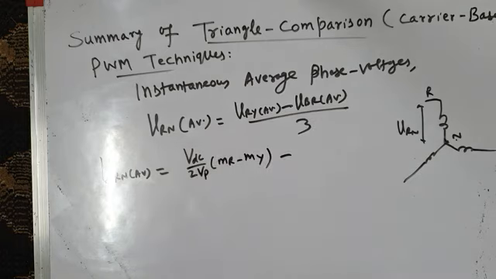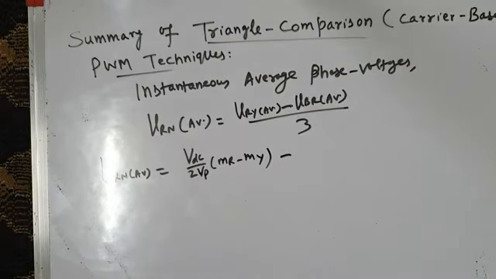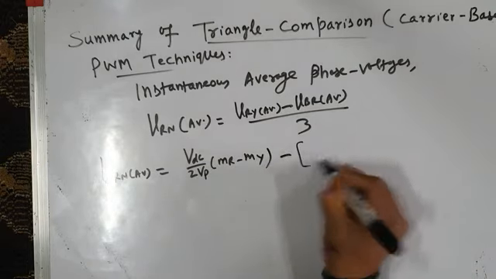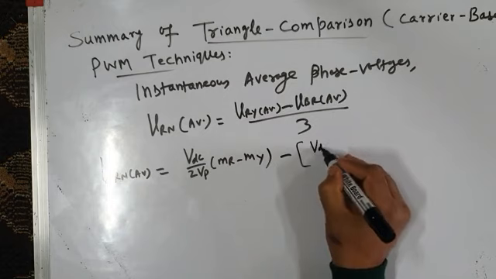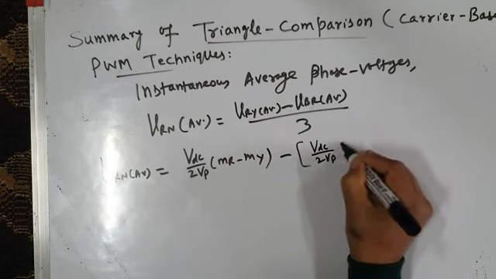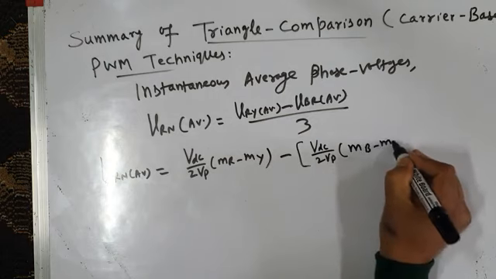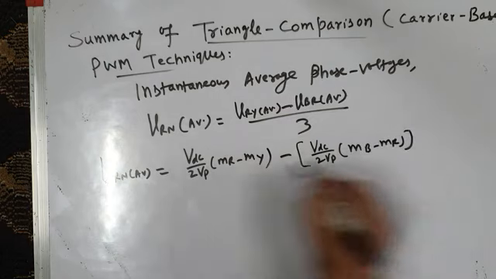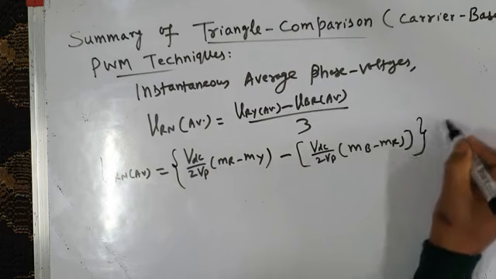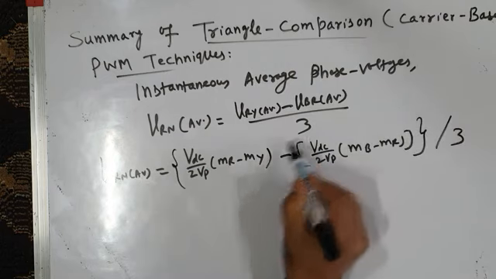Minus, what is VBR? It is also a line voltage, and it was proved that it is equal to Vdc by 2Vp into (Mb minus Mr). This whole thing is divided by 3.